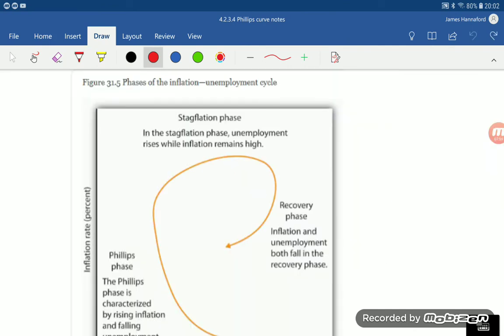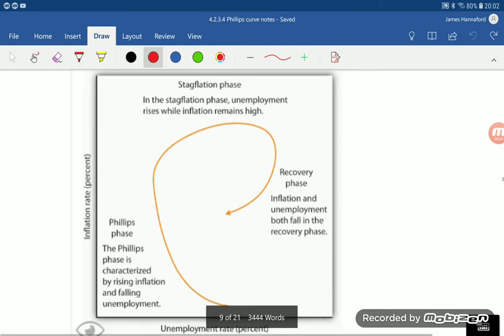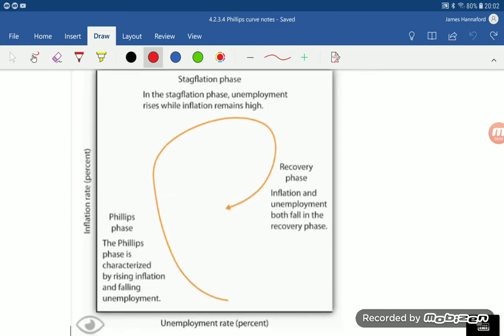So this leads us to a very good evaluative tool, I believe. This shows us the phases of the inflation, the unemployment cycle. So just take a moment to note that down. So the stagflation phase you'll find in the 1970s.